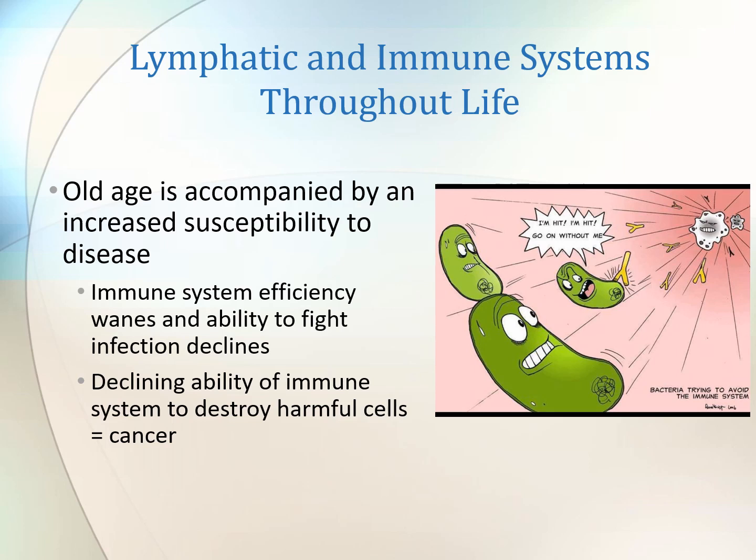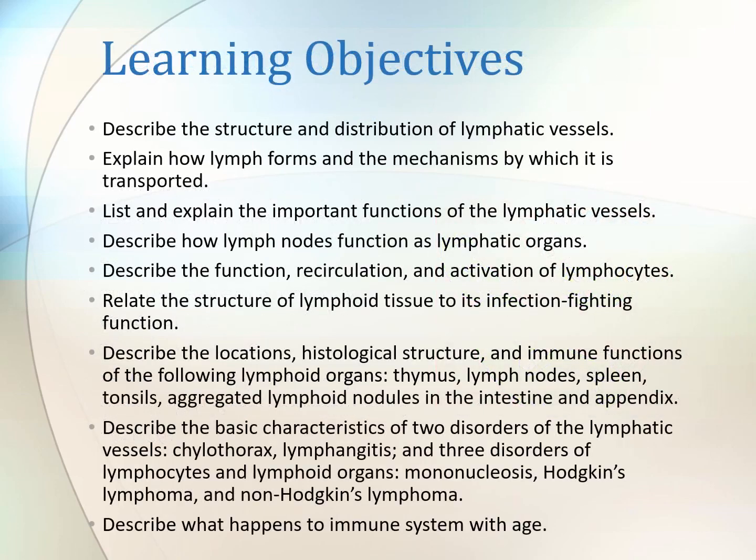It also decreases its ability to fight off cancerous cells or harmful cells, which is why there is a buildup of cancerous cells as we age. So there's a steady decline in our immune system as we get older.